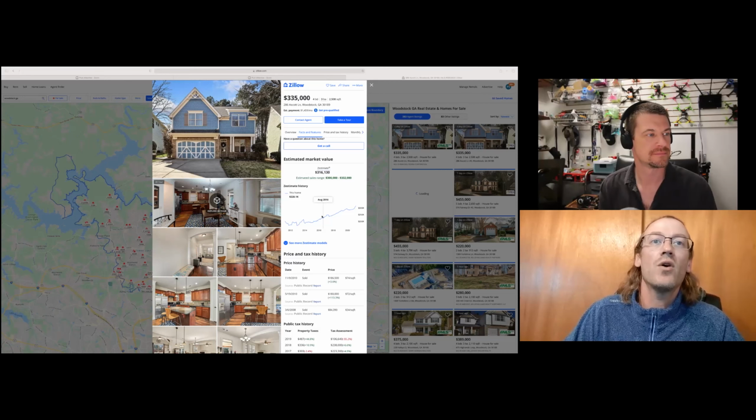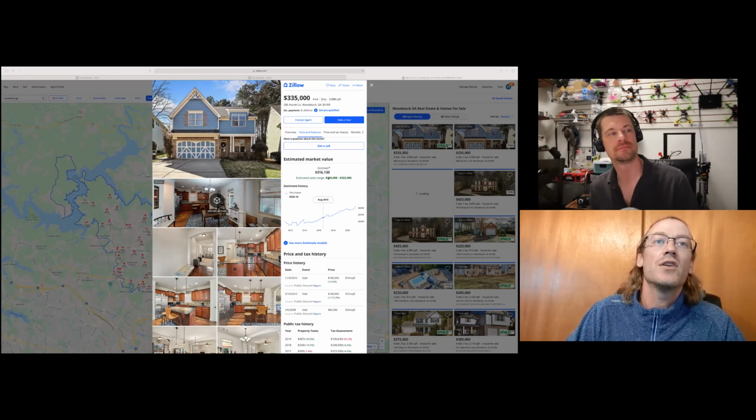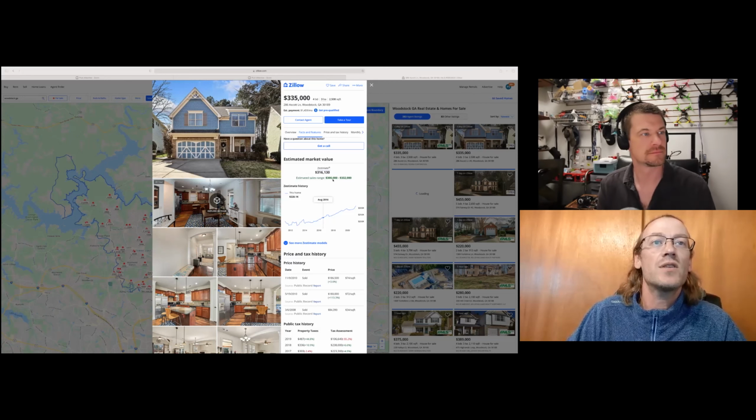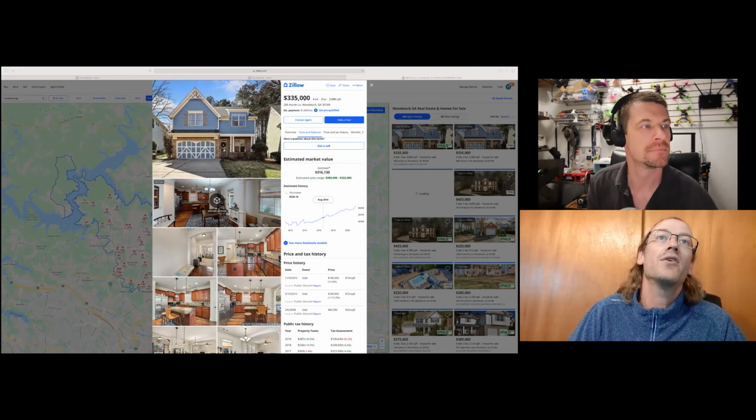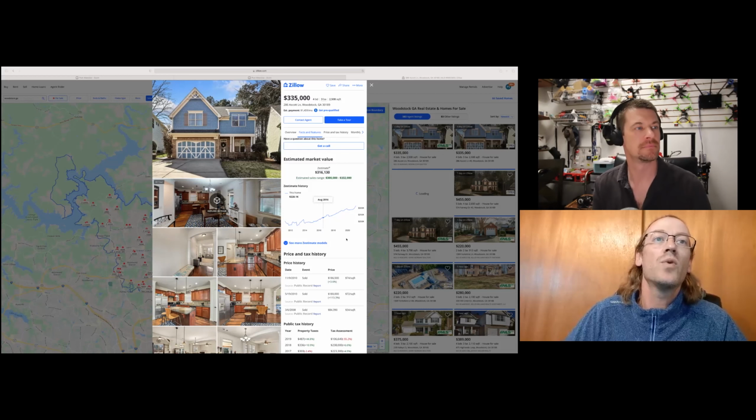Now, they'll have a low side of the value range. You can see on this one, it's 300,000, or on the top range, it's 332,000. So currently, this is the estimate right in the middle of about 316,000. If you look at the price being asked for on the home, it looks like this is a little over the value of the price you would expect for a comparable home in the area.